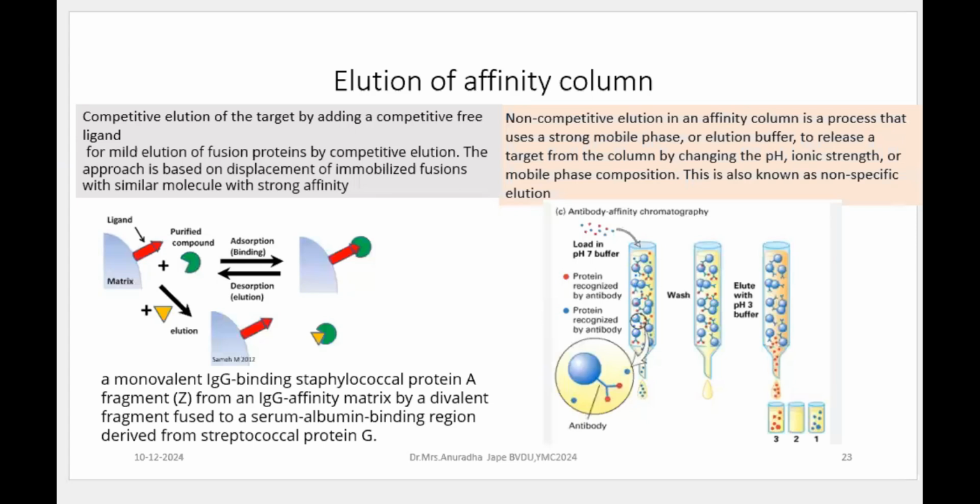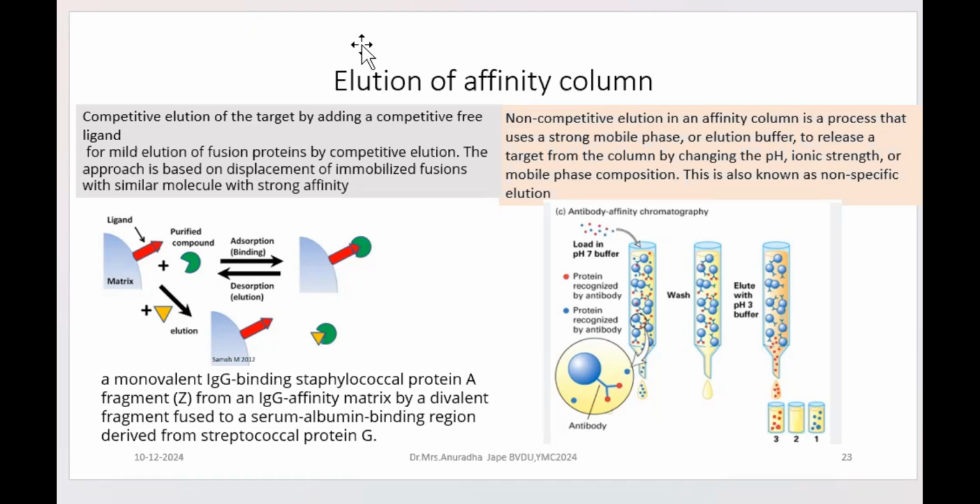Yes, I hope it is seen. Now, this is what we are seeing: elution of the affinity column. Elution of the affinity column can be done by two methods. First is competitive elution. In competitive elution, the target that is attached to your column should be eluted, so it should be made free from the ligand, right?